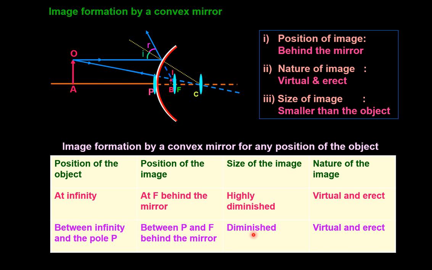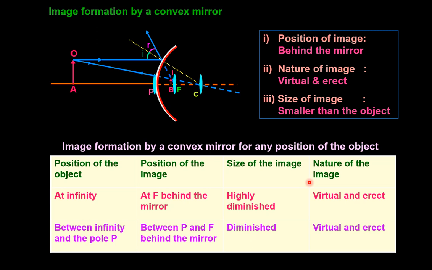For that, what you need is just these two tables: image formation by a convex mirror, and, from the previous class, image formation by a concave mirror. Now see, what is our requirement? We require a virtual and erect image, and in size it should be magnified.